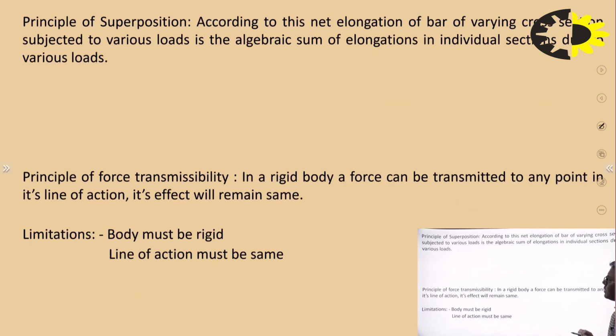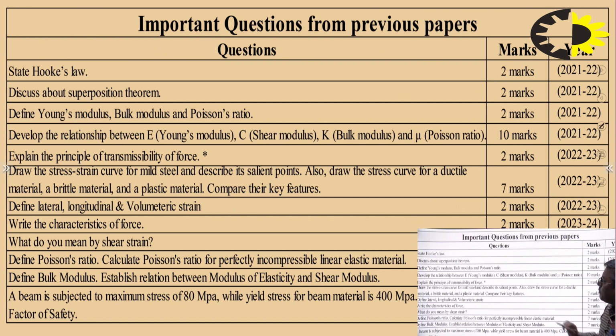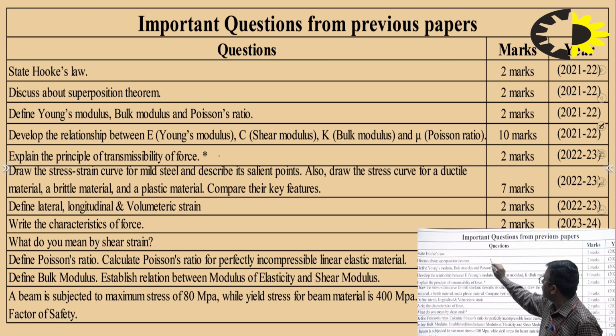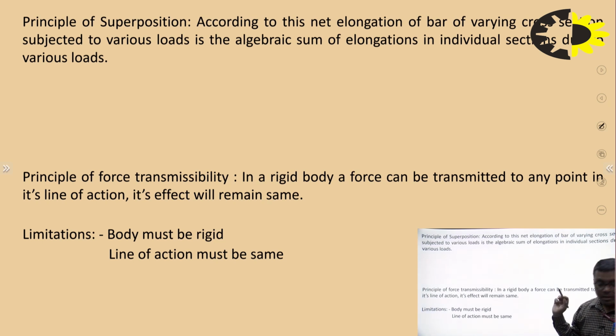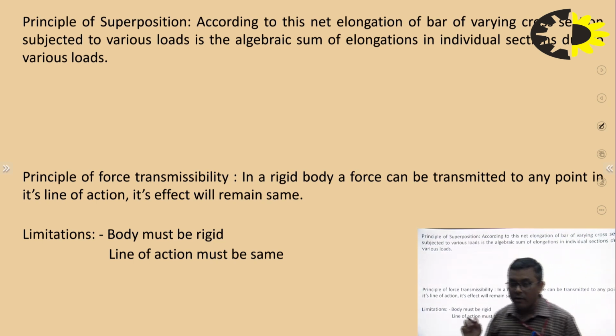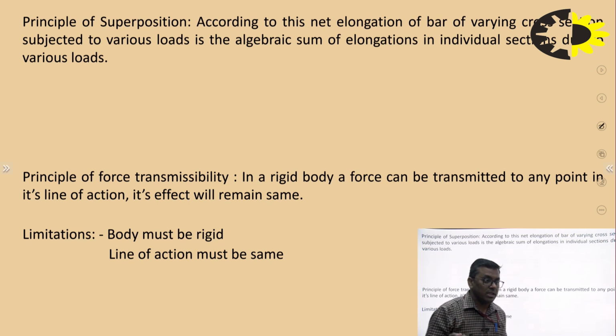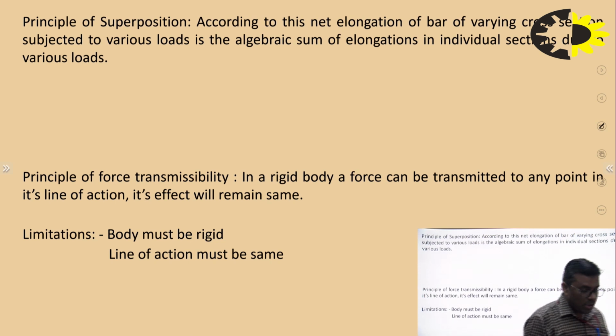The second question which is asked is the principle of superposition and principle of force transmissibility. Many times students write superposition in terms of interference, in terms of the algebraic sum of all the displacements.